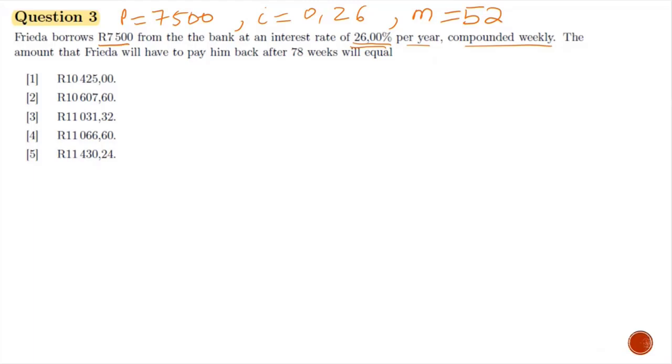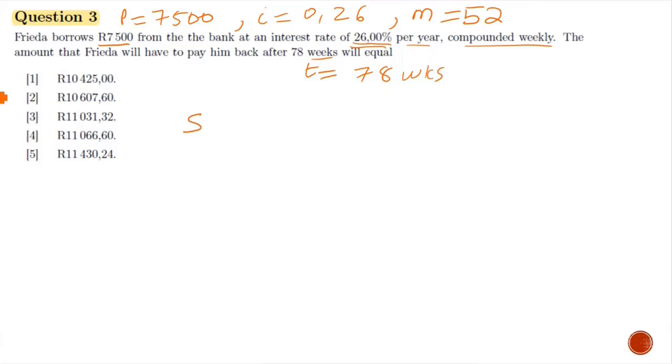The amount Freda will pay the bank after 78 weeks. So now your time here is also given in weeks. So now you are going to have 78 weeks. Okay. Now, let's talk, guys. Let me get the formula.